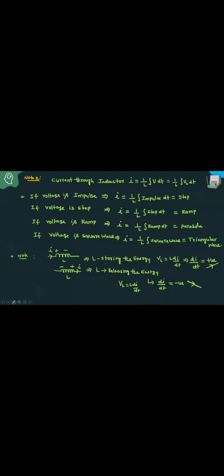But one point you have to remember here, friends. The property of inductor is like this. For example, initially inductor stores the energy. There is a main difference in inductor and capacitor in storing and releasing. Like this is the current direction. This is plus, this is minus. Then we can say that it is storing.